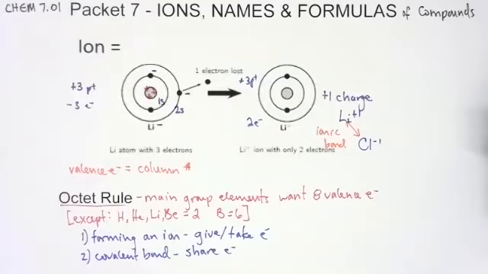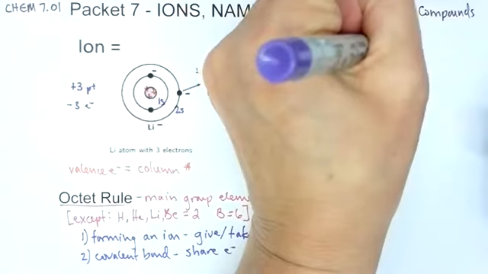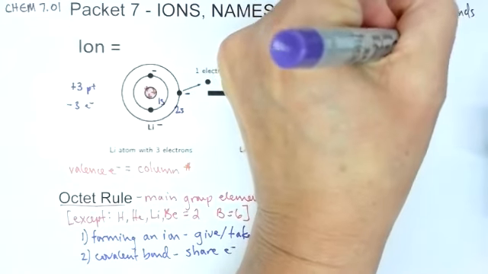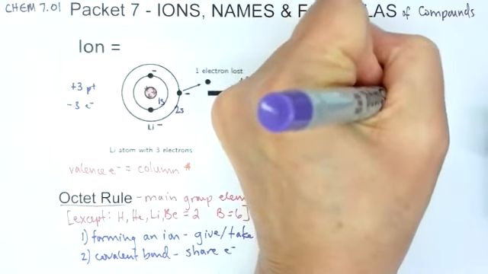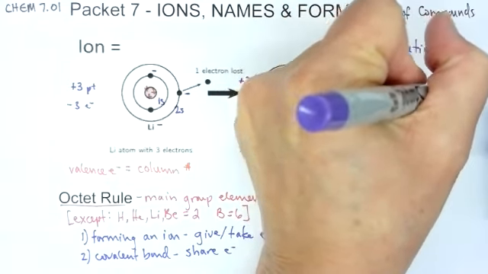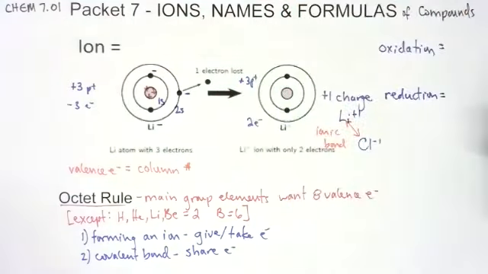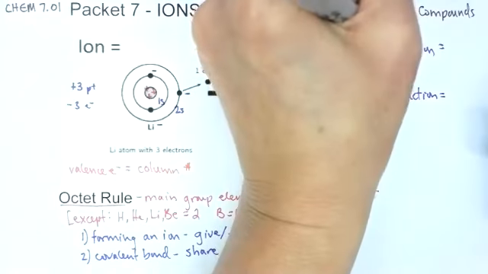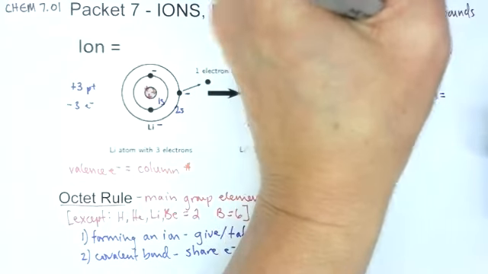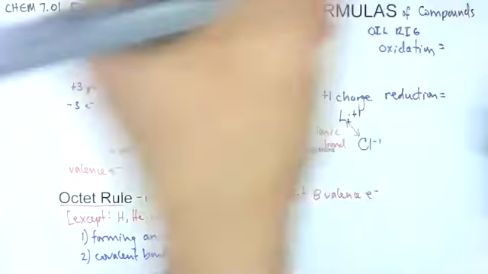There are 2 terms I do want to introduce here, and that is oxidation and reduction. I'm just going to write over here: oxidation and reduction. We're going to talk about these as we go through, especially into the next chapter. If you want to remember what oxidation and reduction are, you can remember OIL RIG.